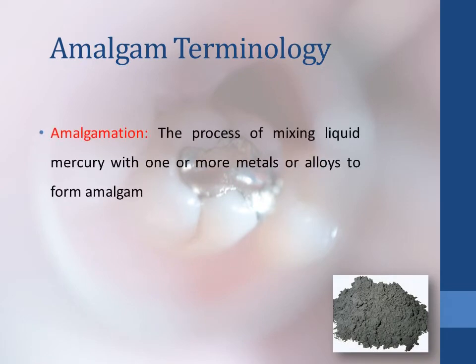And the process of mixing the liquid mercury with one or more metals or alloys to form amalgam is called amalgamation. So as you can understand, basically it is a mixture of more than one metal alloy which is mixed with mercury, and that process obviously is known as amalgamation.